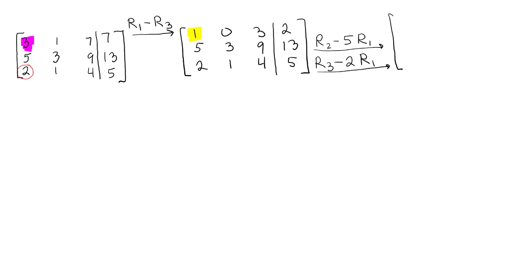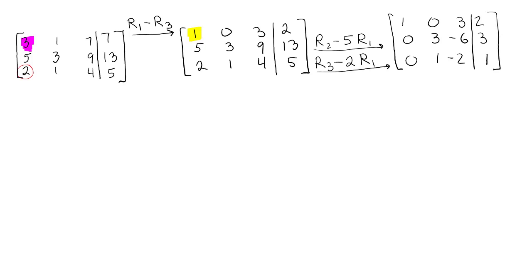And this gives me the following matrix: 0, 1, 0, 3, 2, so that's my first row. And then my next row is 0, 3, minus 6, 3. And then my last row is 0, 1, negative 2, and 1.